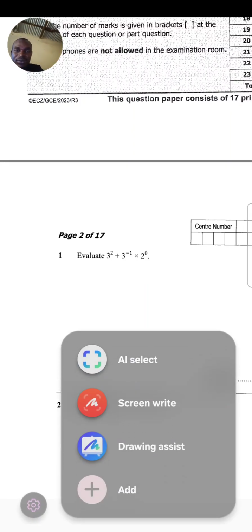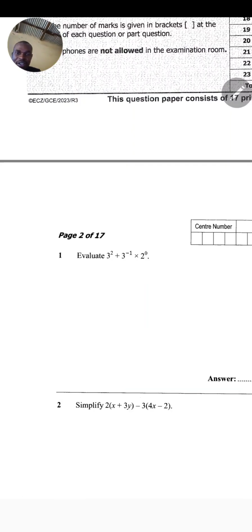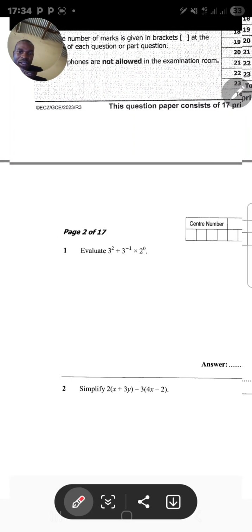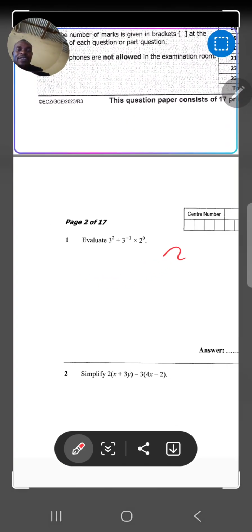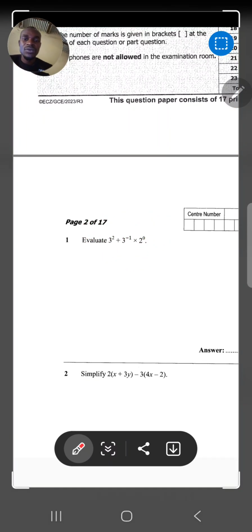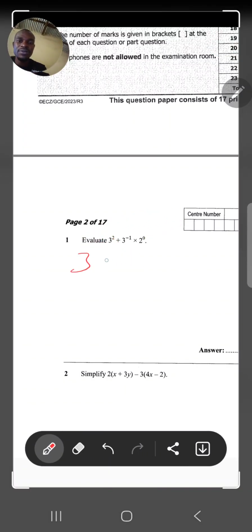To evaluate means that we are going to find the value of this problem here. So this is 3 to the power 2 plus 3 to the power negative 1 times 2 to the power 0.